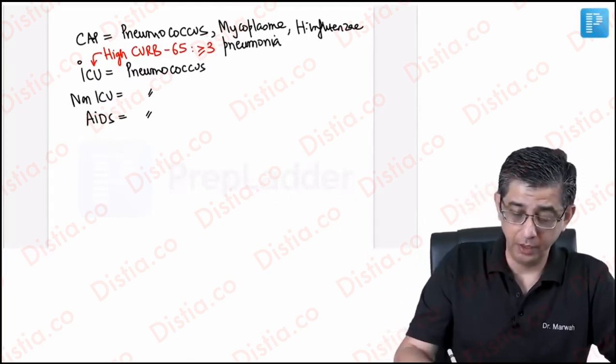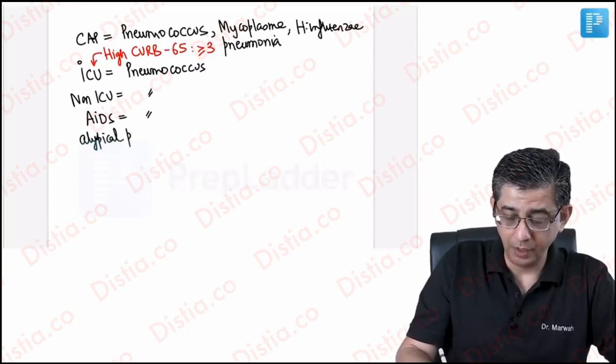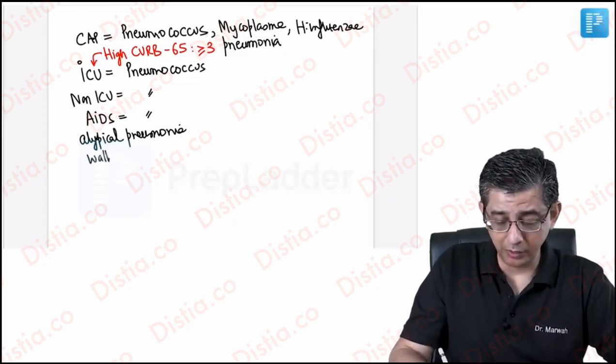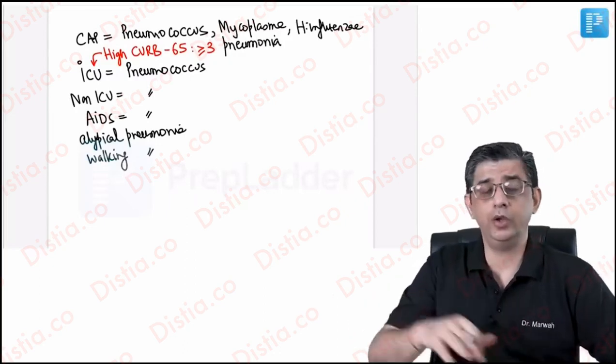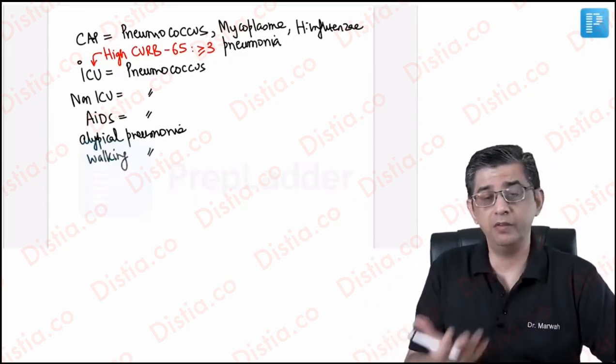Now we will be talking about what is called atypical pneumonia. This is also called walking pneumonia. Why they call it walking pneumonia is because traditionally a pneumonia patient is not supposed to walk into your OPD and say, sir, I'm having fever, I'm having productive cough, I'm having breathlessness.